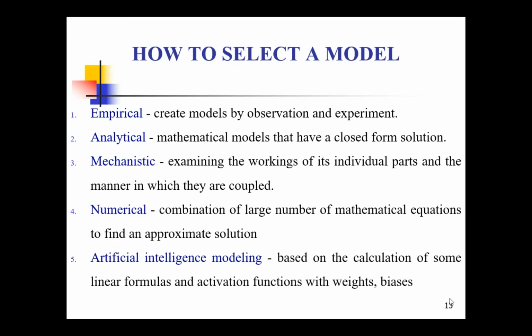The fifth one you can understand only when you know the ANN process. Apart from them, it is based on experimental work, from mathematical equations, from mechanisms. The model developed from a mechanism is mechanistic, and if I consider a larger number of mathematical equations, then it becomes the numerical one.